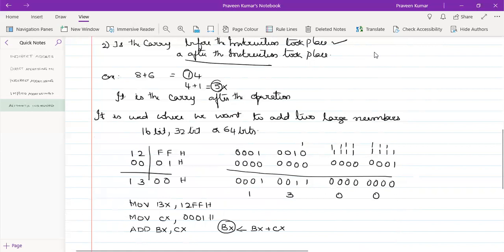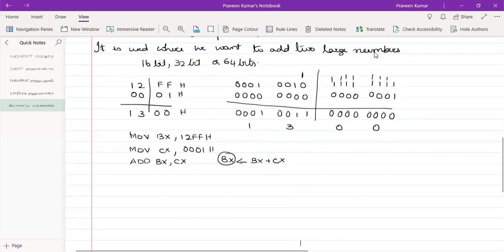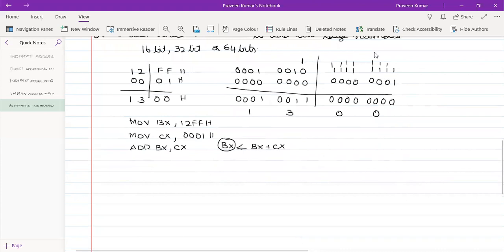If there is a carry coming out of the first 8 bits, and I don't add it with this carry flag, then the result will be the same as 12 itself. So if I don't have ADC, I will not be able to obtain this particular result.